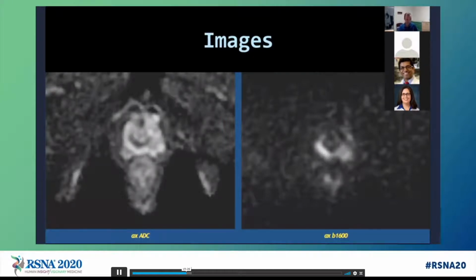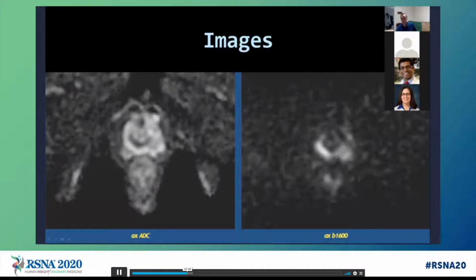So here we have the apex of the gland, and nearly encircling the urethra in the center of the prostate is a band of hypointense signal on the ADC map and high signal on the high B-value images.